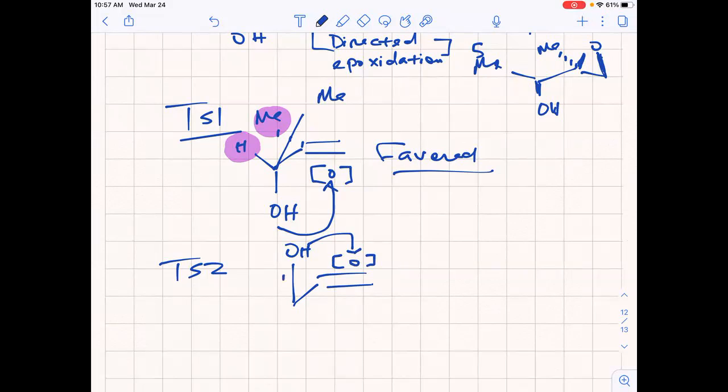So that's my methyl group back here, and then my hydrogen is here, and my methyl group is here, right? So now we got a problem here, right? Where this methyl group and this methyl group are overlapping, they're basically eclipsing one another, kind of like what we saw in the Newman projection. And so this steric interaction is destabilizing.